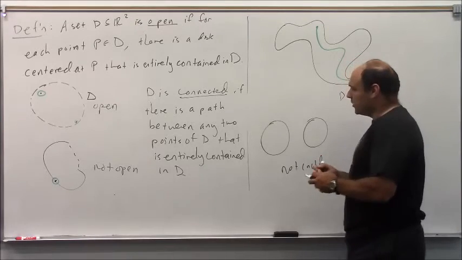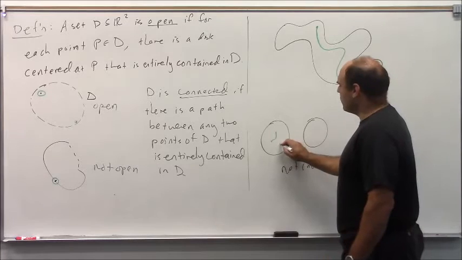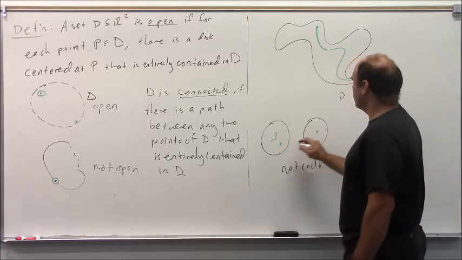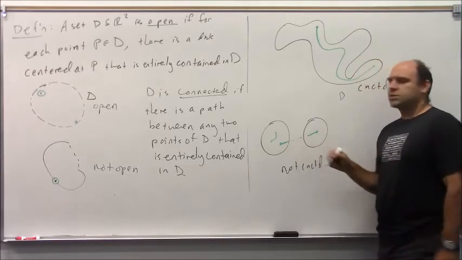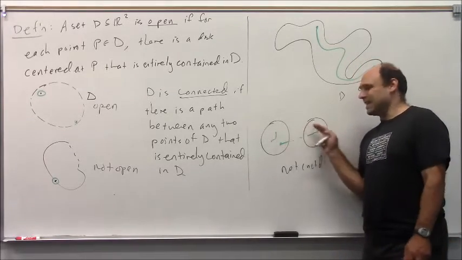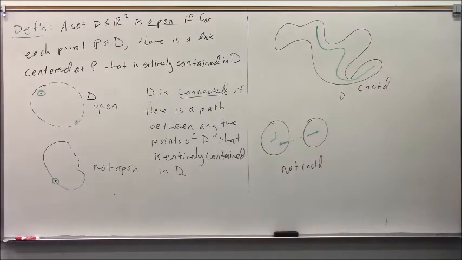Sure, if I pick 2 points over here, I can get a path between them. But if I pick a point in the left part and a point in the right part, there's no path joining those two that stays entirely inside the set. I have to leave the set in order to get from the first point to the second point. So that set's not connected.